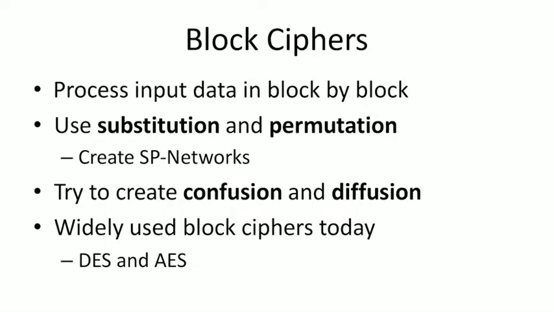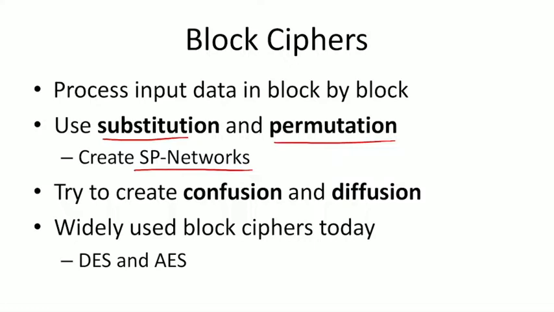In block ciphers, we use both substitution and permutation together. These are the two basic operations that we talked about earlier when we looked at traditional symmetric encryption techniques: substitution ciphers and transposition ciphers. We perform substitution and permutation a certain number of times to create what is known as an SP network.